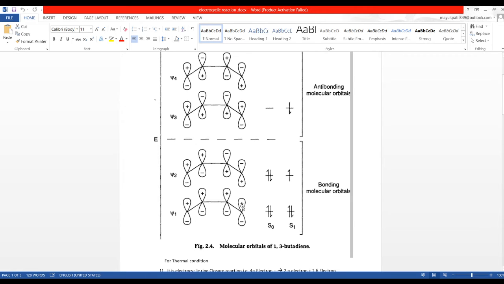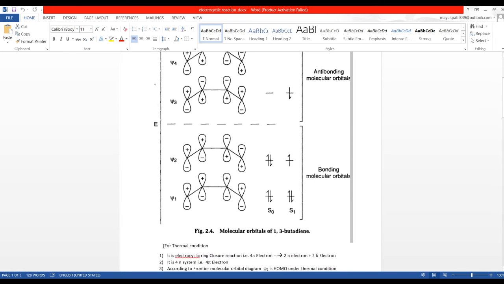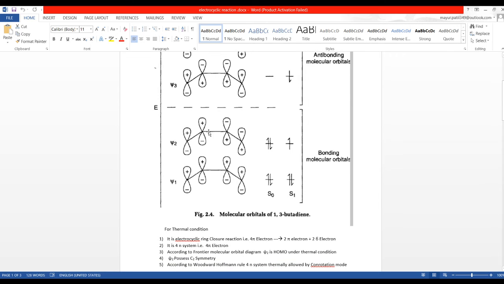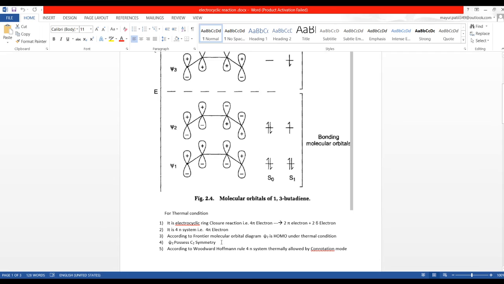Psi1 possesses mirror symmetry, while psi2 possesses C2 symmetry. When it goes equidistant to the opposite side from the center, it is considered C2 symmetry. Then psi3 possesses mirror symmetry, and psi4 possesses C2 symmetry. In the thermal condition, psi2 is considered the HOMO, and psi2 possesses C2 symmetry.